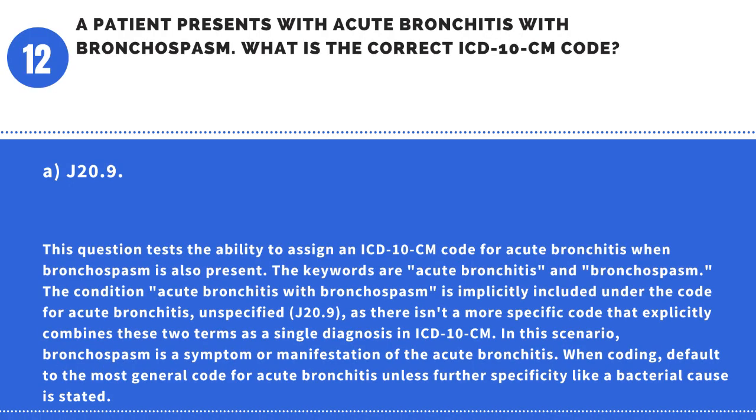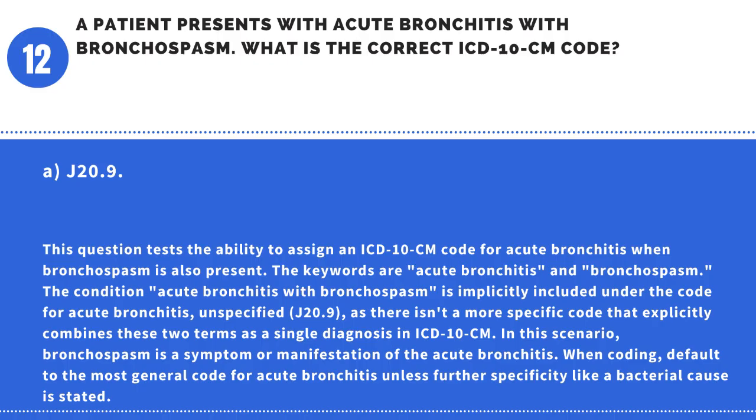Answer A. J20.9. This question tests the ability to assign an ICD-10-CM code for acute bronchitis when bronchospasm is also present. The keywords are acute bronchitis and bronchospasm.